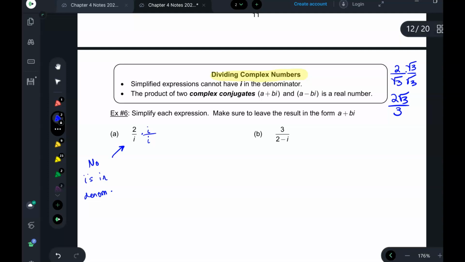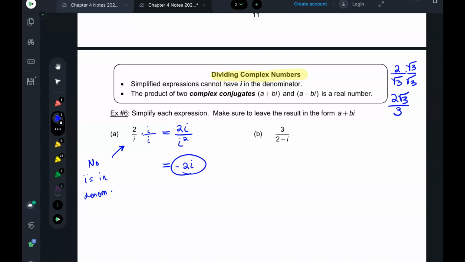Whatever we multiply the numerator by, we're going to multiply the denominator by. So in the numerator, we get 2i. In the denominator, we get i squared, which is negative 1. So I get just negative 2i, right? Because if I have 2i divided by negative 1, we just put the negative out in front.